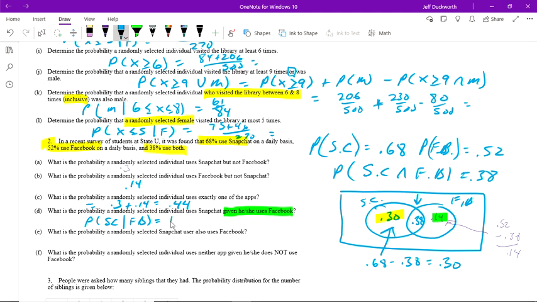Well, our formula is the probability that the intersection occurs, so Snapchat intersect Facebook, divided by the probability of the given, which is just Facebook. And we know that the intersection is 0.38, and Facebook alone is 0.52, and that comes out to 0.73.